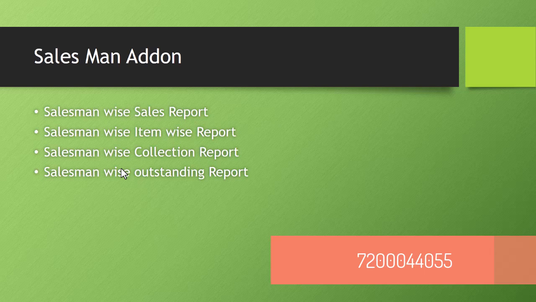So you can decide how much incentive to pay, how much salary increment or bonus to give, because you can easily identify which salesman's performance is good. This add-on is very helpful for you.